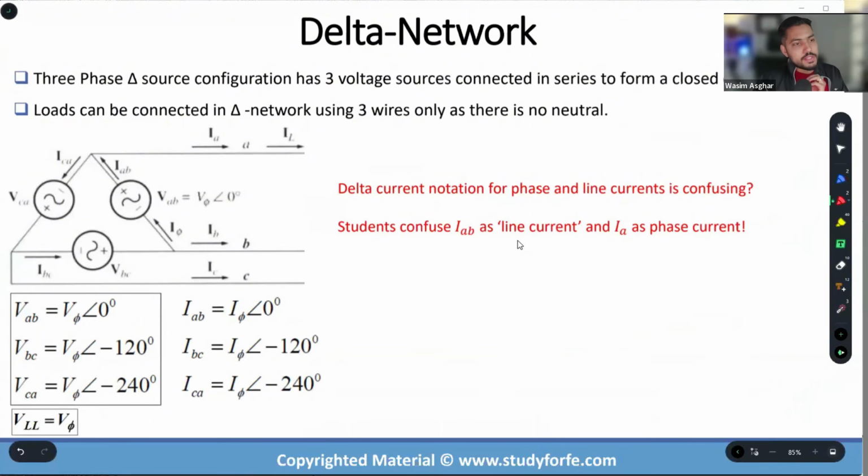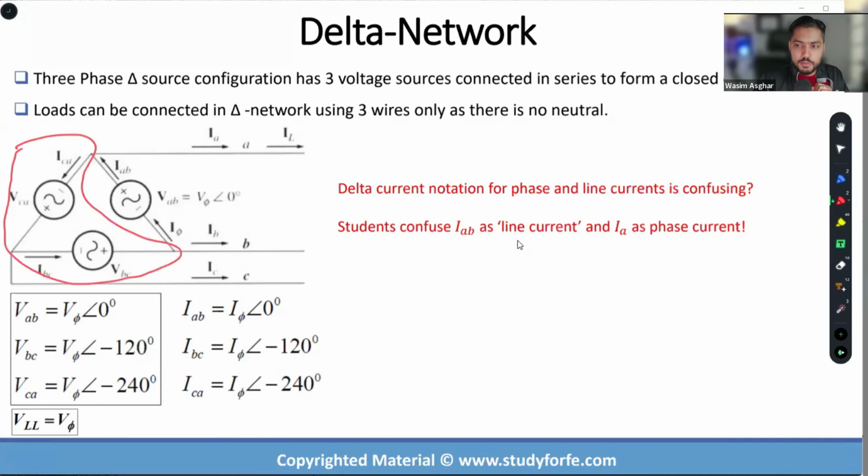A three-phase system at the end of the day is essentially your three single phases, right? Let us just ignore everything else and look at this particular voltage source as a single phase generator, which is connected between terminals A and B. Why small a?